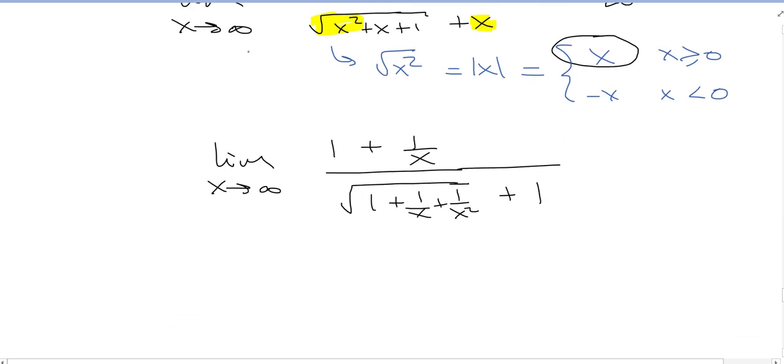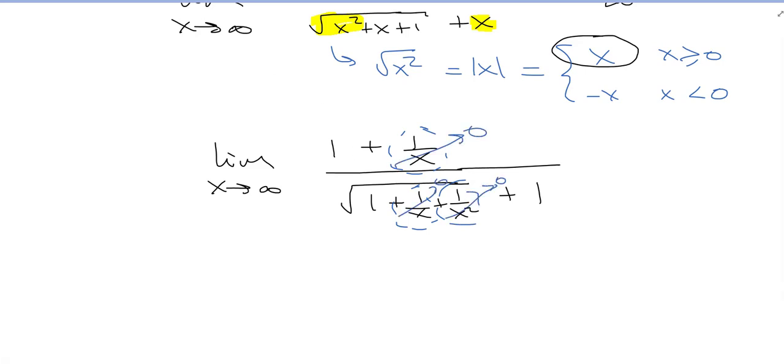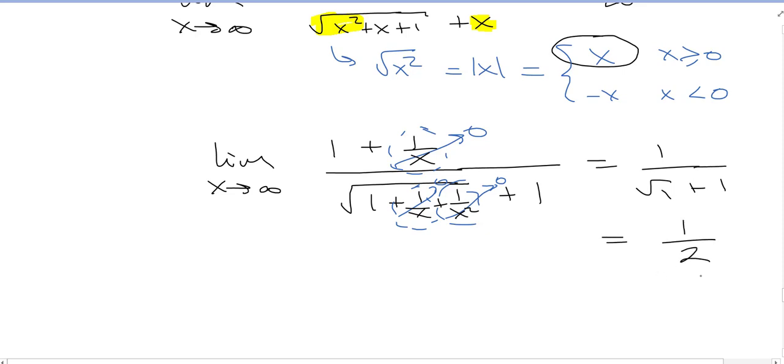And so now we take our limit as x goes to infinity. Anything that has an x on the bottom is going to go to 0. And so what are we left with? We're left with 1 over the square root of 1 plus 1. So 1 over 2.